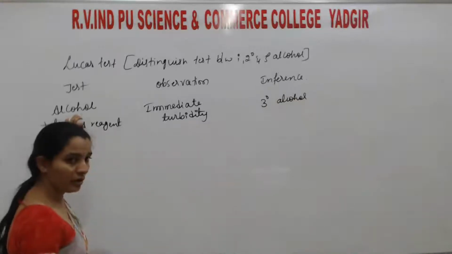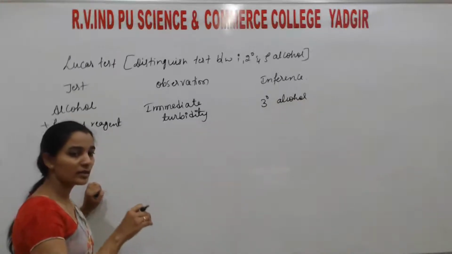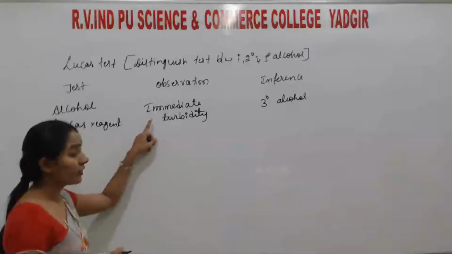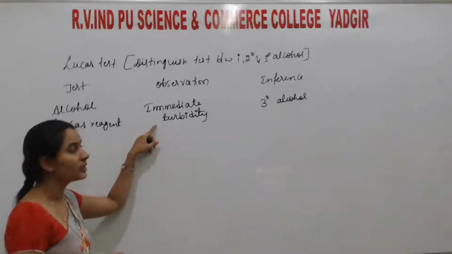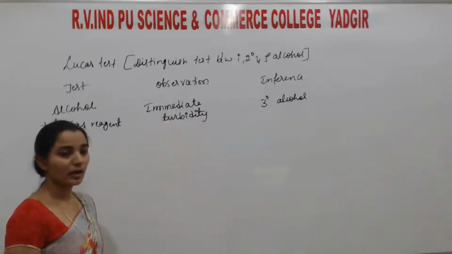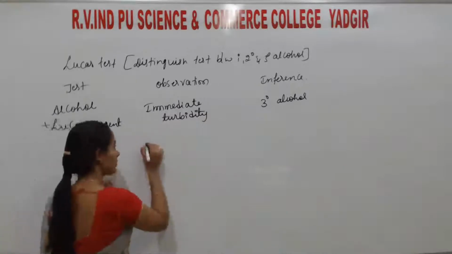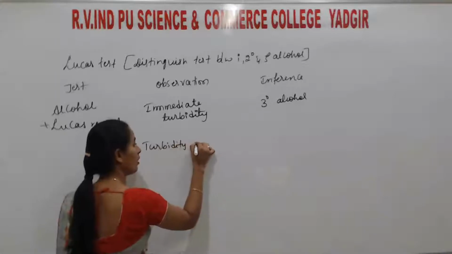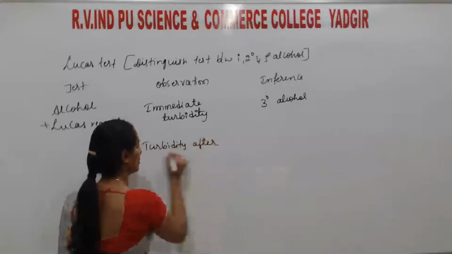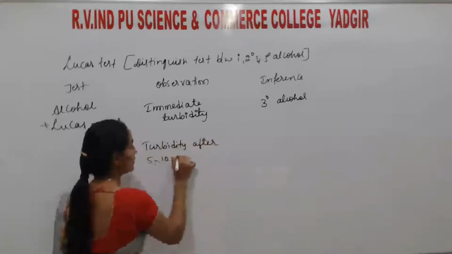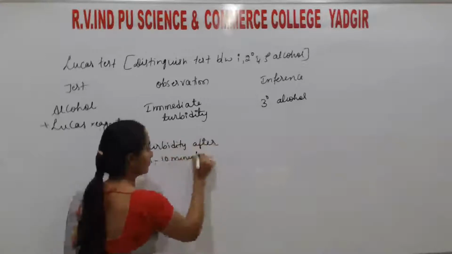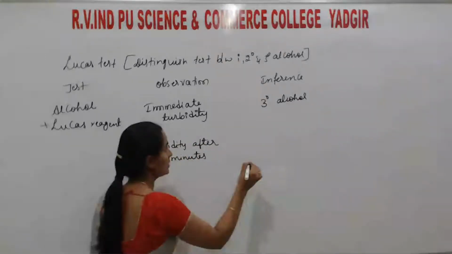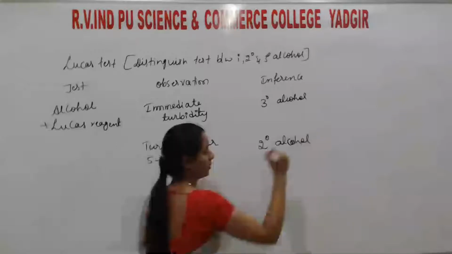So when Lucas reagent is added to the alcohol, if we observe immediate turbidity, then it is tertiary alcohol. Next, turbidity after 5 to 10 minutes, that is secondary alcohol.